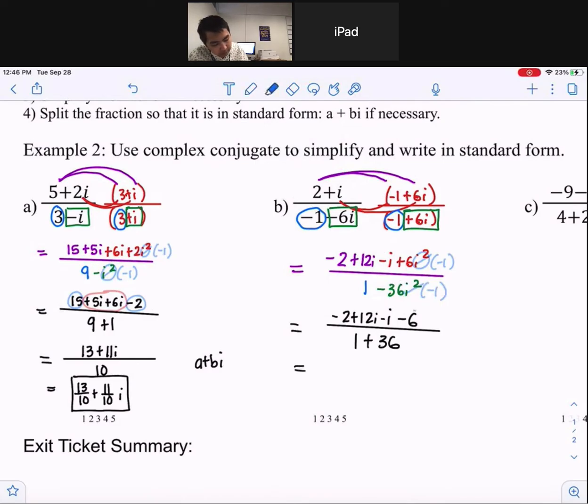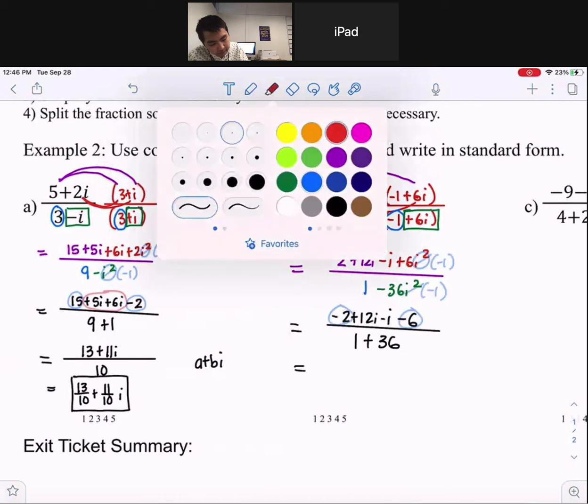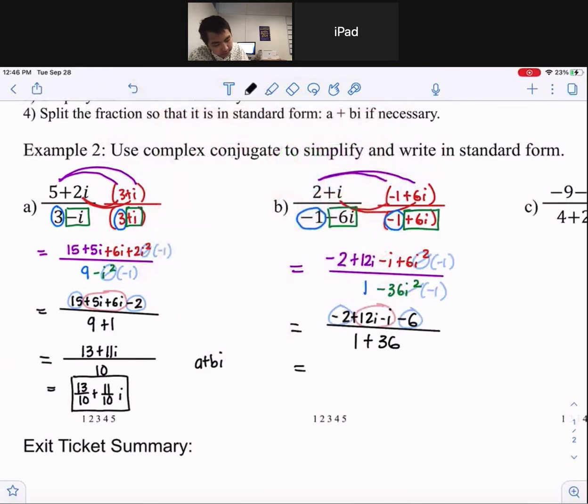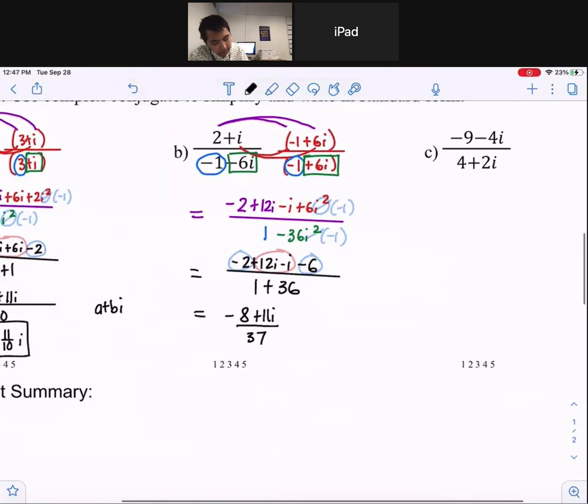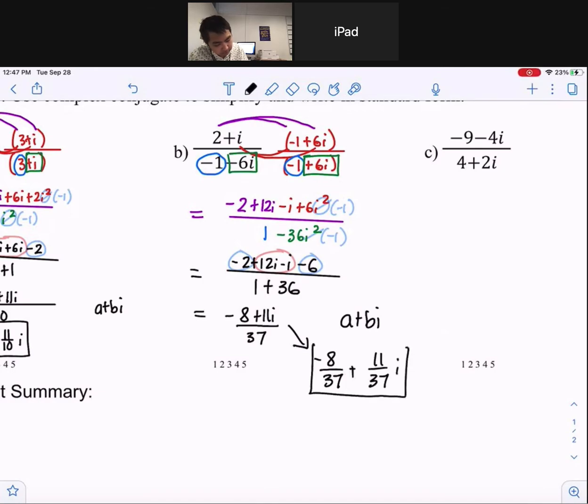Now we simplify. Here is our real numbers. Here is imaginary. So -8 plus 11i all over 37. Again, we want it to be in standard form. So this is going to be -8 over 37 plus 11 over 37i. And there's your guys' final answer for that.